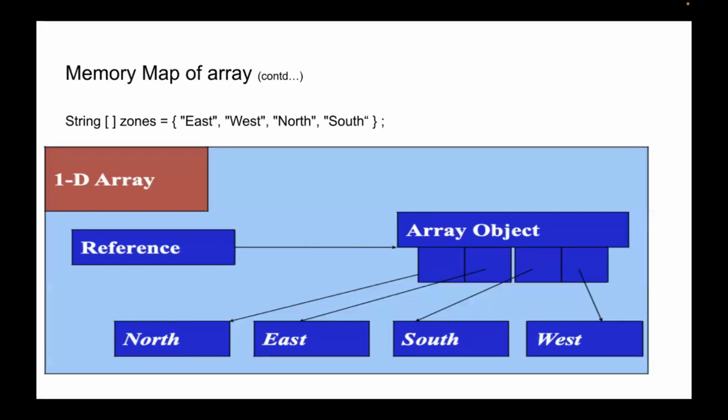So see, this is the memory map. We have seen how we create a float array, a double array, an integer array. Similarly, you can create a string array as well. When I say string array, the syntax will again be String. String is basically used to store your string values.